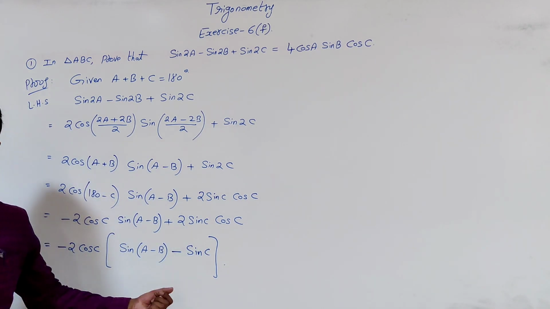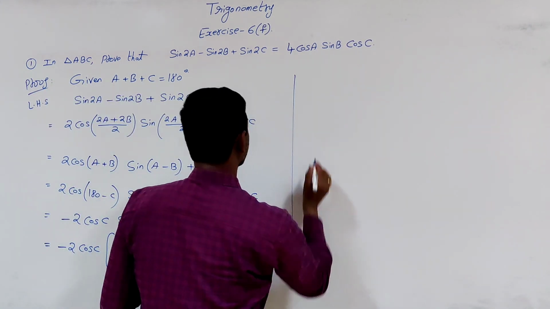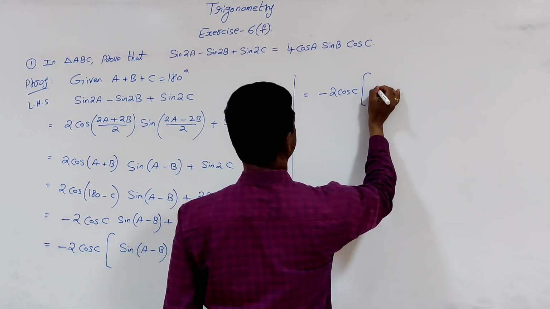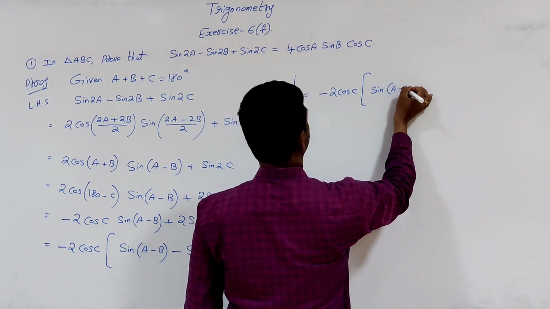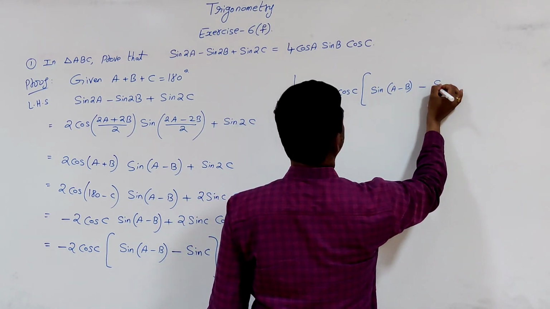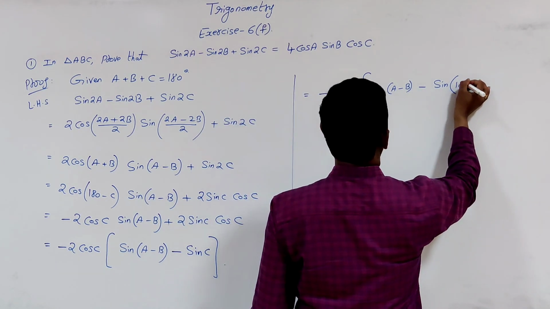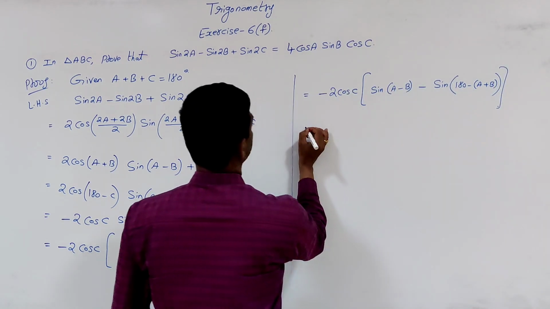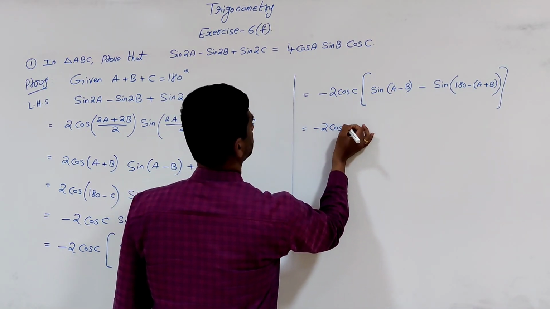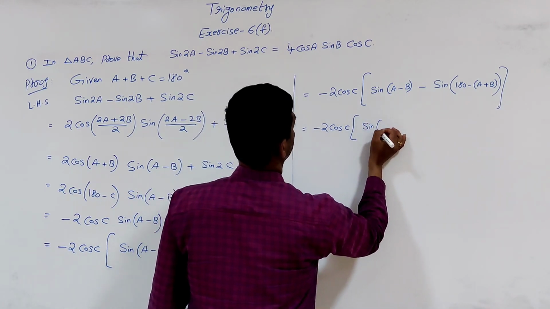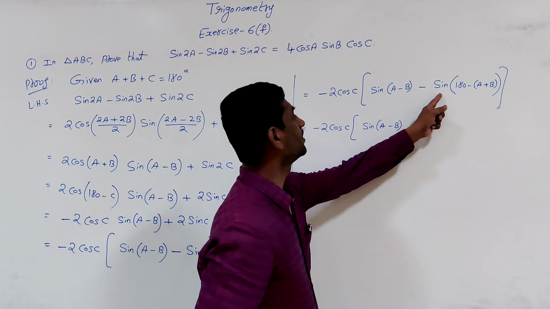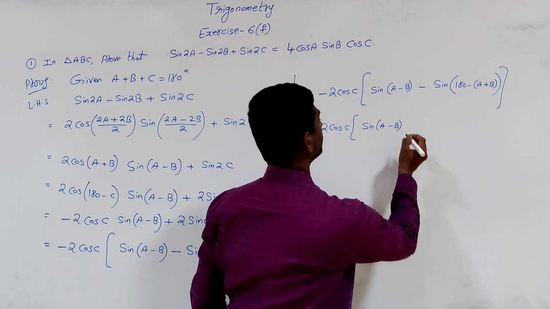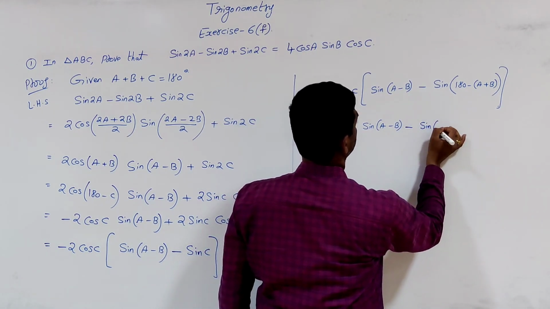But C in terms of A and B is: minus 2 cos C times sin(A minus B) minus sin(180 minus (A plus B)). Sin of 180 minus theta is sin theta, but in the place of theta it is A plus B, so it will be minus sin(A plus B).